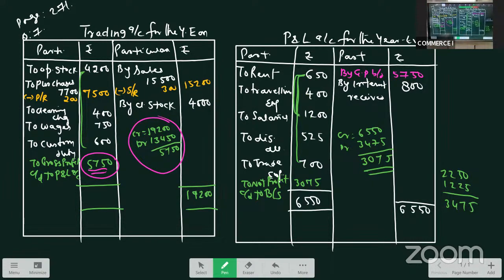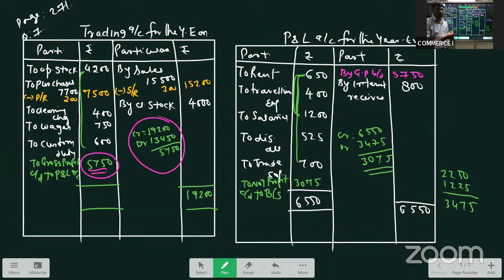Is it understood? Day before we did only problems of trading account. Yesterday we did problems of P&L account only, and today we started with problems wherein we have to prepare both trading and P&L account. Subsequently we'll also learn how to prepare trading, P&L and balance sheet. That is how it will come in the examination.